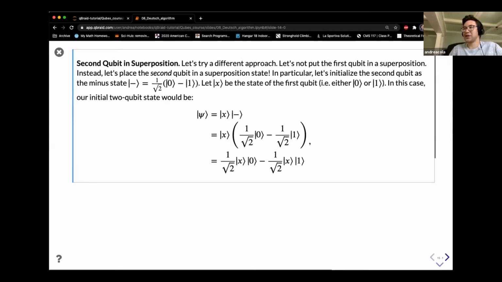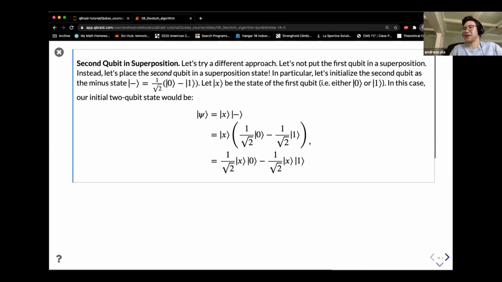I guess this is already giving you a hint, but let's initialize the second qubit as the minus state, for example, so |0> minus |1>. And let x instead be either 0 or 1, not in a superposition, just 0 or 1.